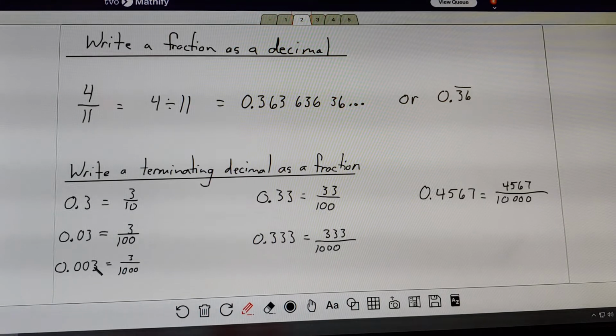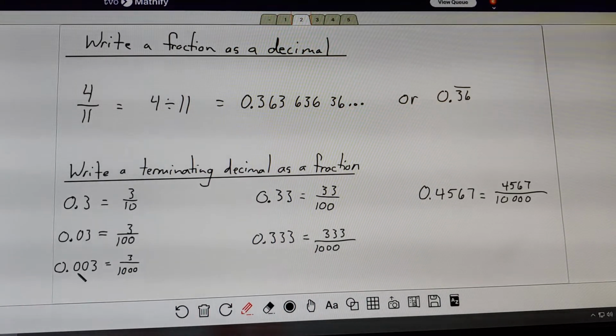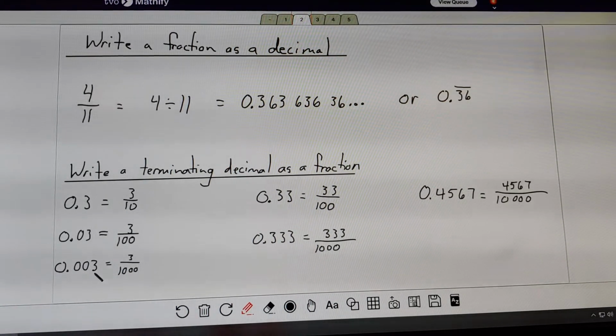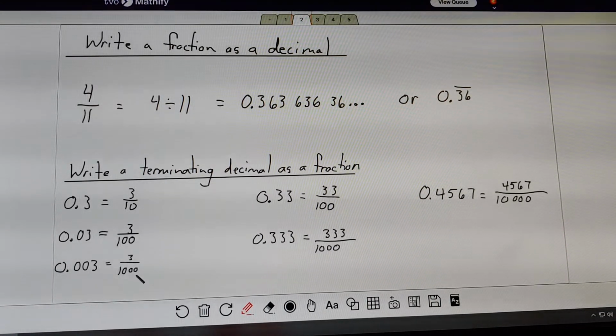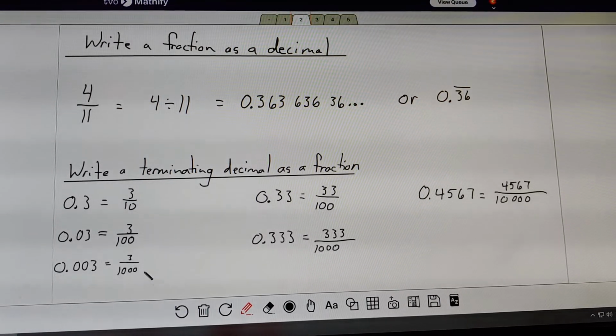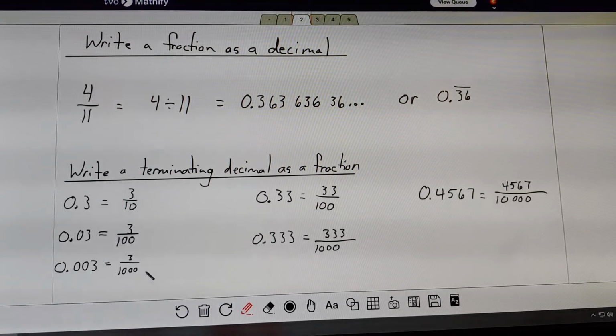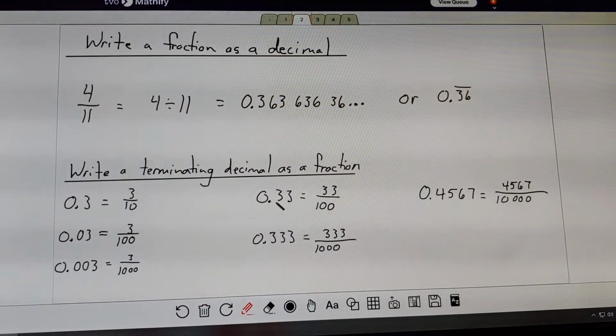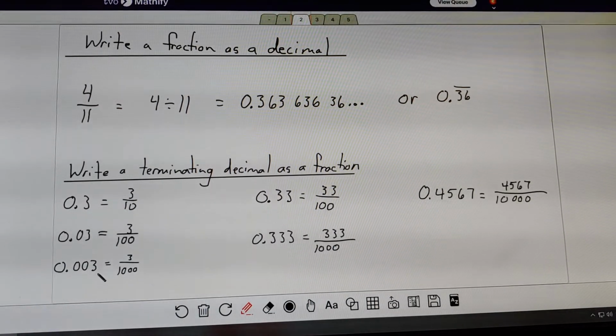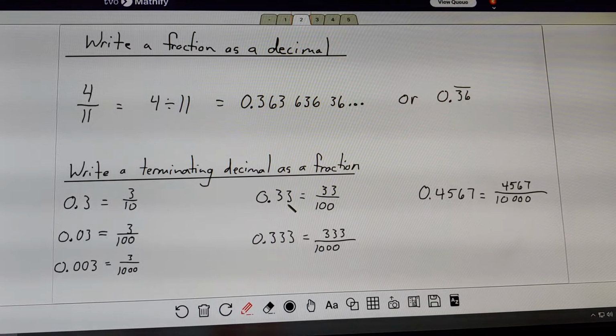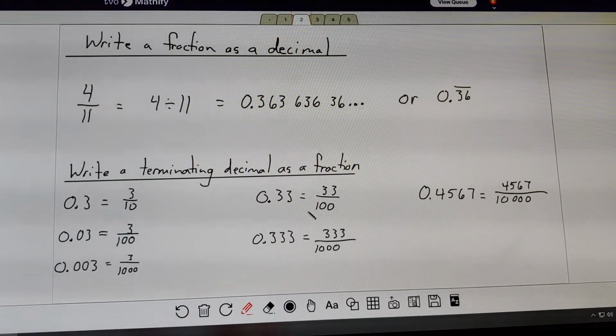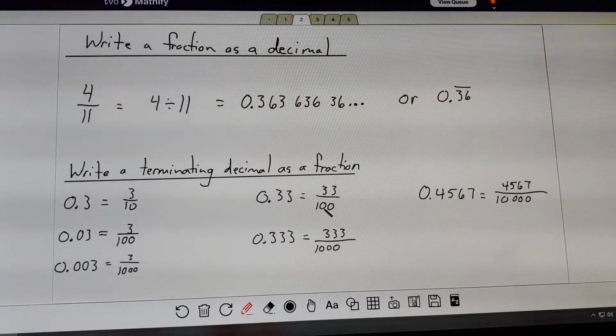And you're probably seeing the pattern right now. 1, 2, 3 decimal places. 1, 2, 3 zeros in our power of 10. So 3 over 1,000. And this applies to all of them. So even if we didn't have a nice, neat, single digit number there, 0.33, same thing. There's 2 decimal places, 2 zeros in our denominator.